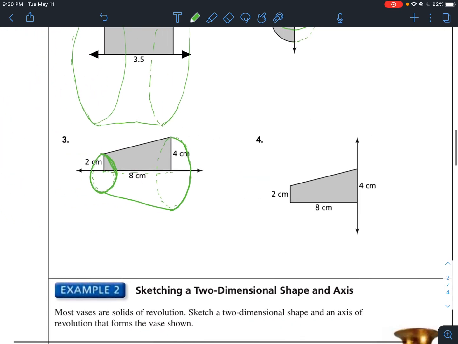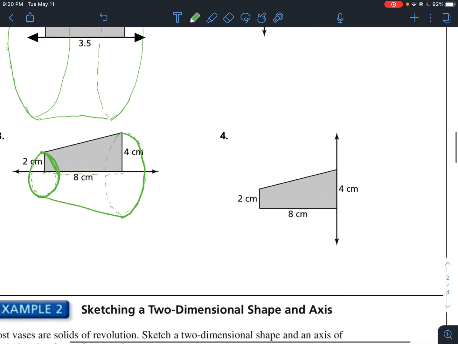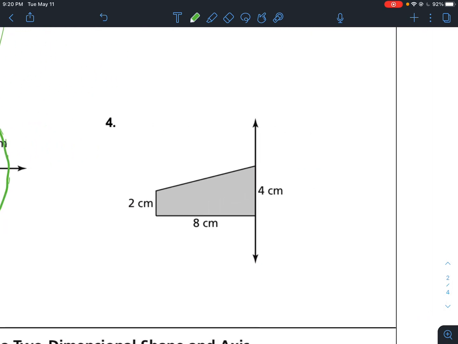For number 4, notice that number 4 and 3, these are the same shapes, but the axis of revolution is actually vertical this time. So when we rotate it, it should still have the same length. In fact, I'm just going to draw a length like this, right there.